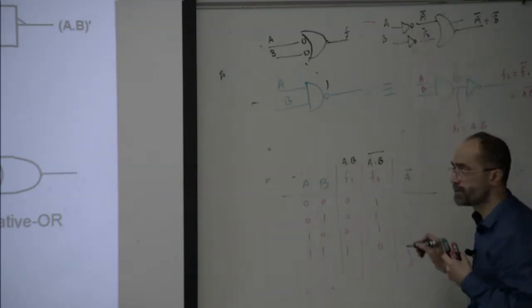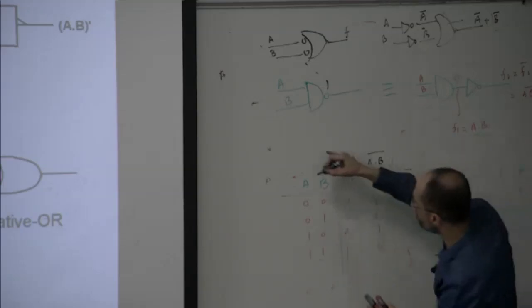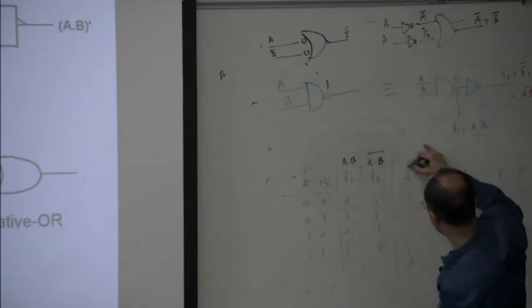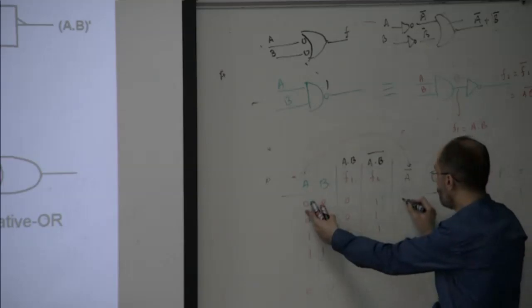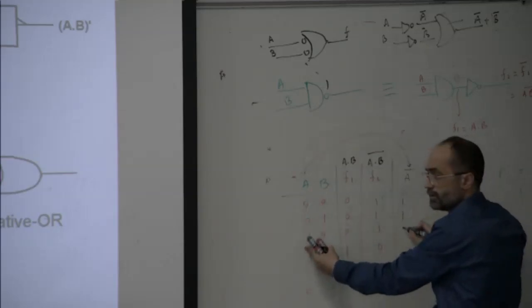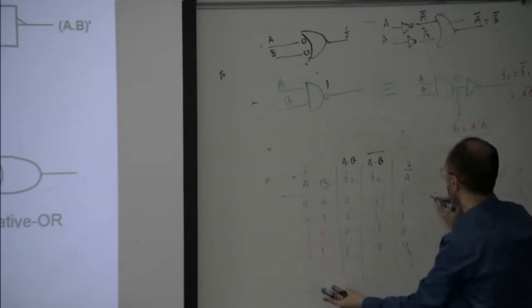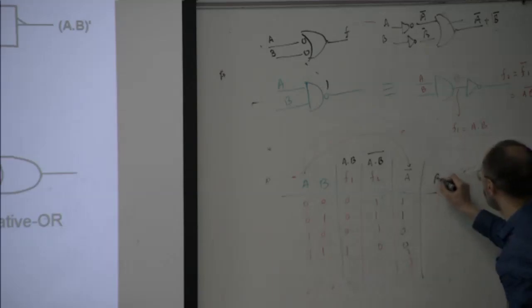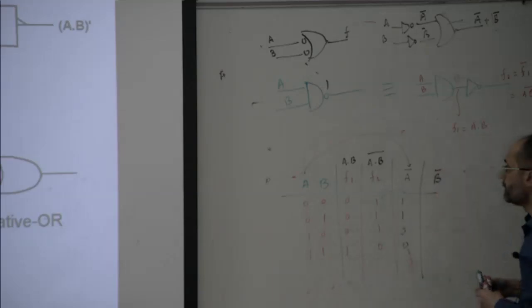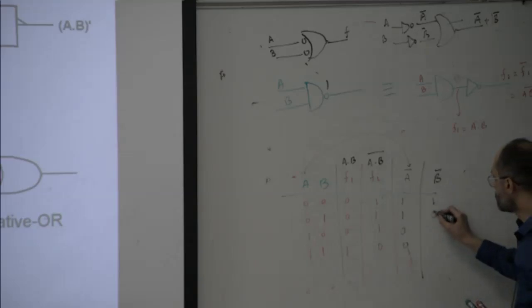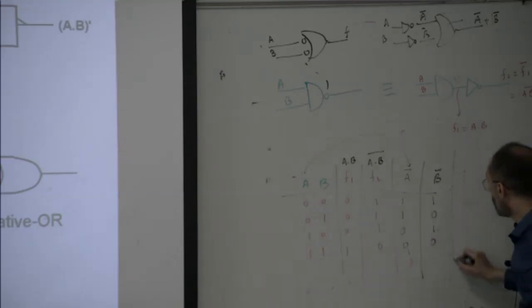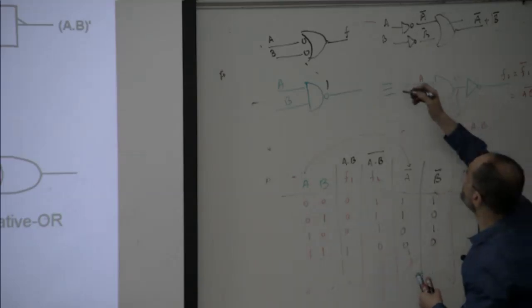What will be the value of A bar? This is A, and this is the invert of A: 0, 1, 1, 0, 0. Now we want to compute B bar. What will be the value of B bar? 1, 0, 1, 0.